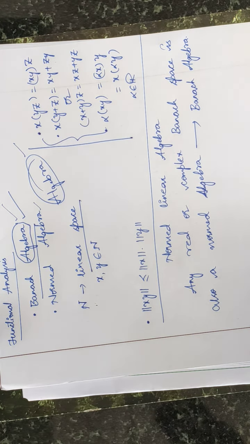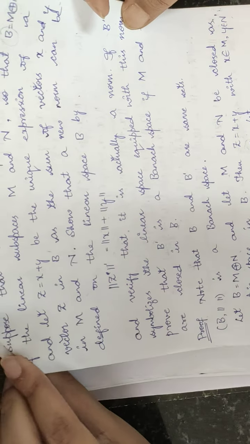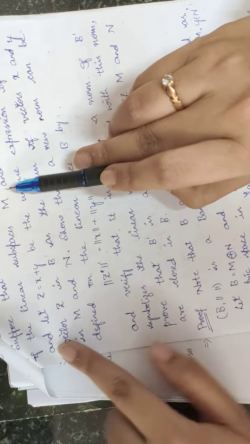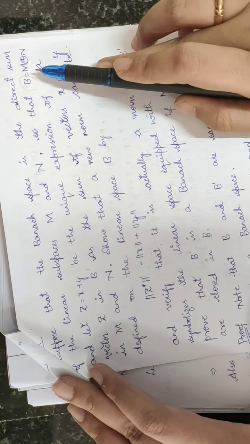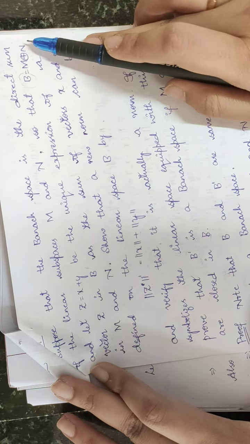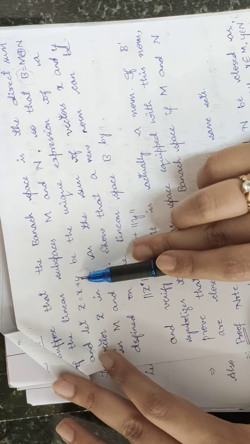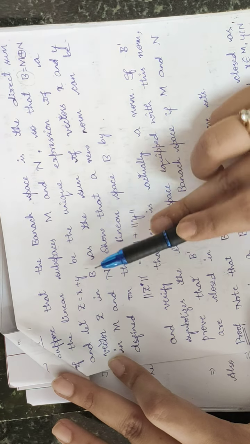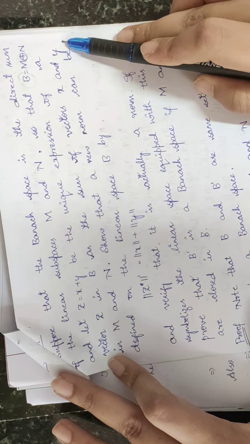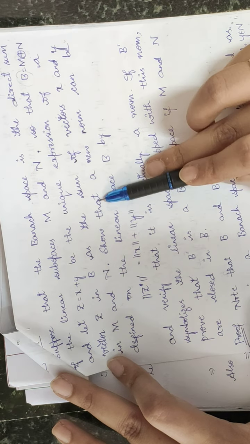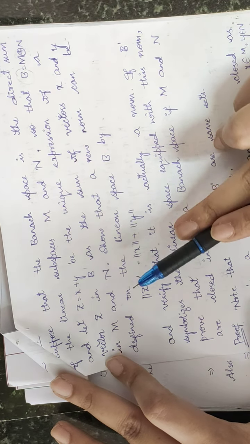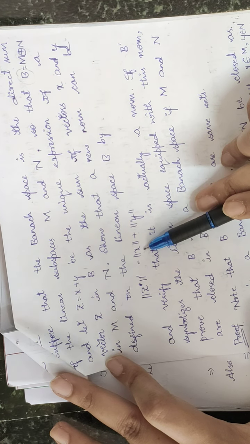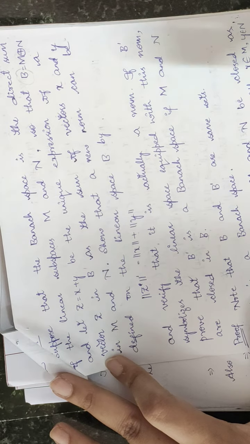Okay. The statement of the theorem is, suppose that the Banach space is the direct sum of the linear subspaces M and N, so that B = M direct sum N, and let z = x + y be the unique expression of a vector z in B as the sum of vectors x and y in M and N. We have to show that a new norm can be defined on the linear space B by norm z prime = norm x + norm y.